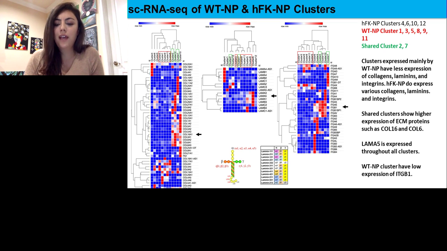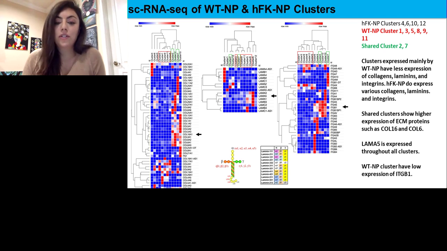Next, we wanted to test if this low expression of integrin beta 1 and expression of laminin alpha 5 might be important in maintaining their self-renewal, because these cells are left behind, unable to differentiate, and they keep maintaining the expression of SIX2 and CITED1. And we wanted to use laminin 511 for laminin alpha 5.